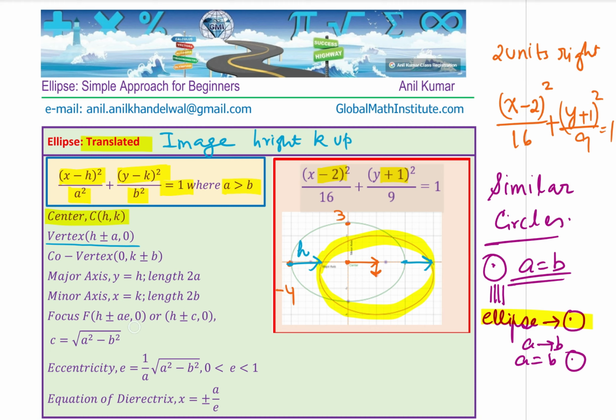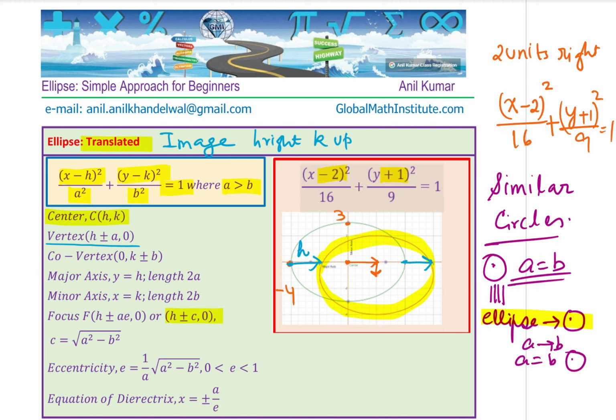Focus, again, the value of C has to be added with h. Horizontal translation is very critical since we are looking at the major axis. And from that C, we get the value of the focus point, which is h plus AE or h plus C. So we prefer you to use the h plus C formula.